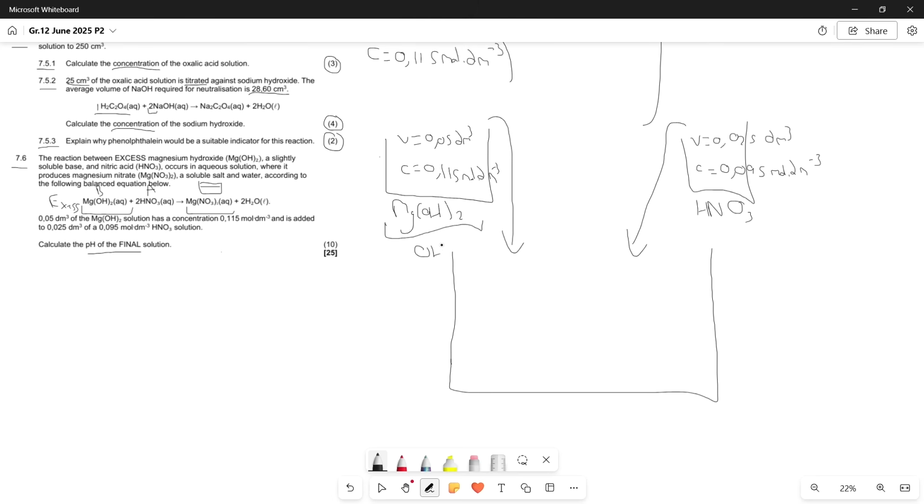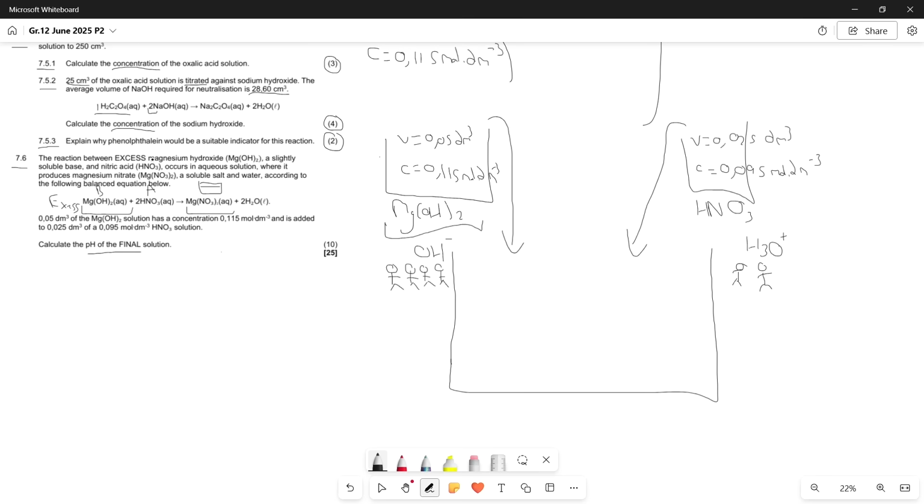The OH minuses from this one are reacting with the H3O pluses from our very strong acid, but in this case, there's just not enough volume of it to neutralize this base. Let's say we have an army of 4 people, for example, and on this side, we have an army of 2 people. These are our H3O pluses from our acid. These are our OH minuses from our base.